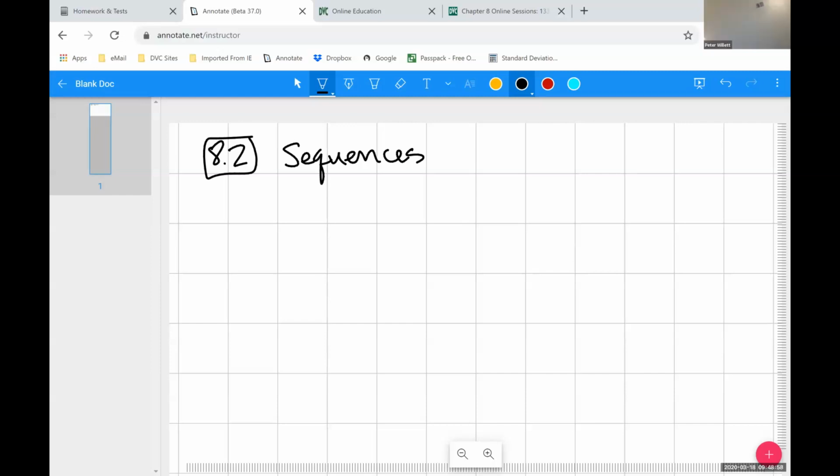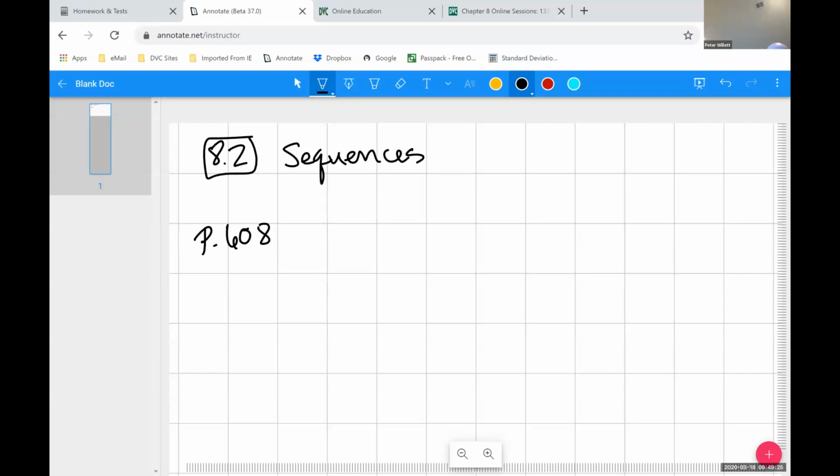So I'm going to pick up on where we left off on page 608. On page 608, we have some definitions of some vocabulary. And these will be words that will be sort of important to us as we're looking through the chapter and talking about things. They are, of course, about sequences.